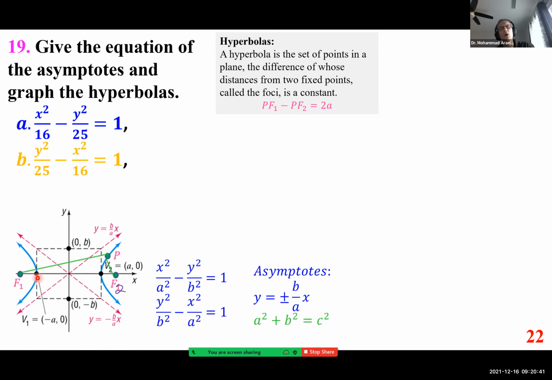Now PF1 minus PF2 is fixed. So the distance between the two is fixed.